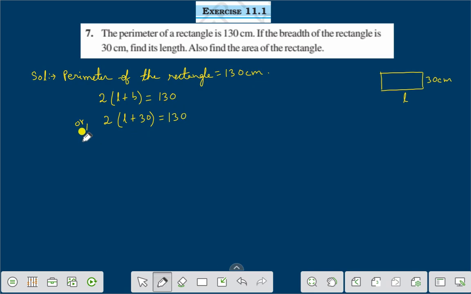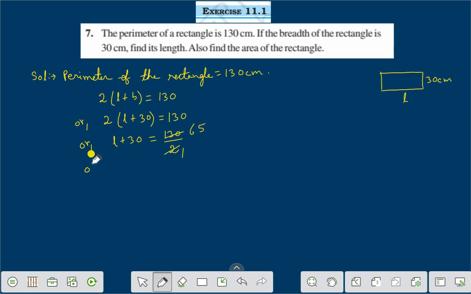Or this can be written as L plus 30 is equal to 130 divided by 2. 2 ones are 2, 2 threes are 6, 2 sixes are 12, 2 fives are 10, so 65.